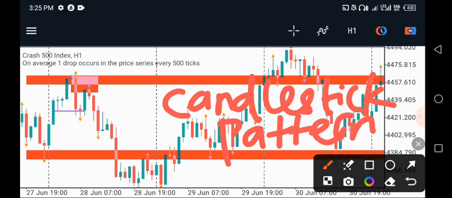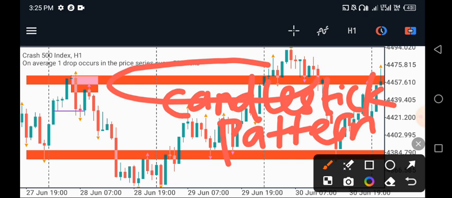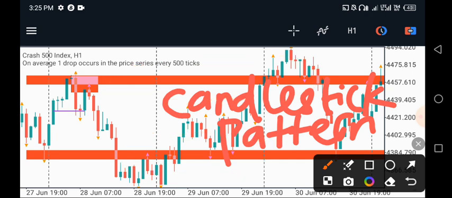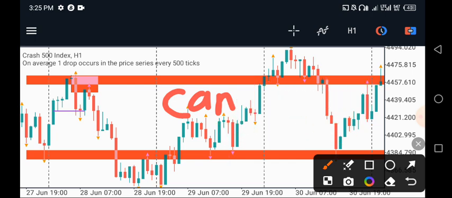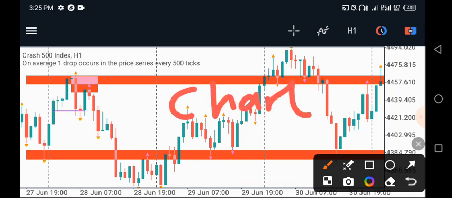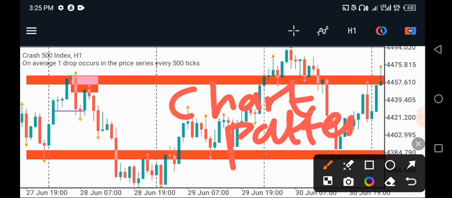So immediately we are able to identify our resistance and our support, we'll be able to use these candlestick patterns to enter our trade, and then we'll set our stop loss and take profit. Or if we don't get to use our candlestick pattern, we can decide to use our chart pattern. The chart pattern and the candlestick pattern are two different things.